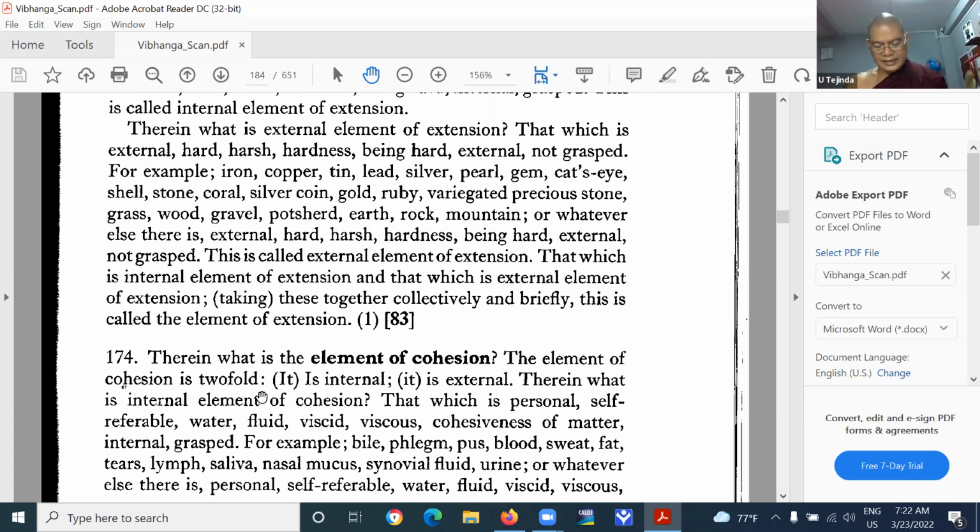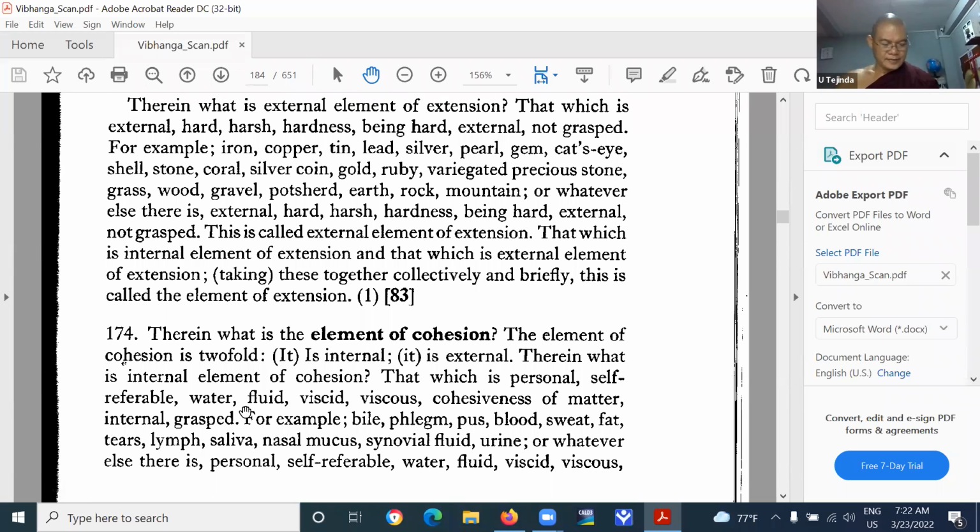So what is the internal cohesion element? The water element, moisture, viscous, stickiness, cohesiveness of matter.